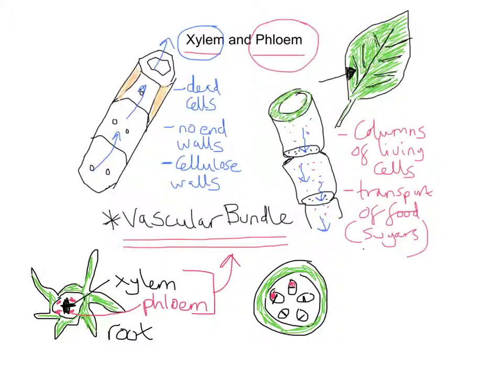I'm hoping you might be able to see what's going on here. So if we look at the stem in cross-section, you see the two vessels running side by side, and in red once again we have phloem, and in the centre we find our xylem.